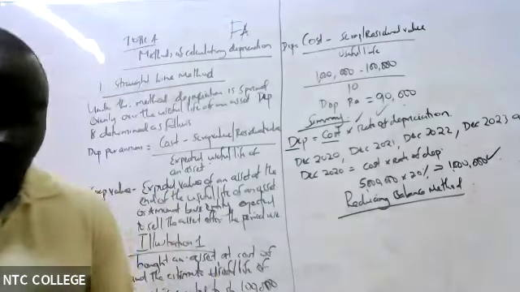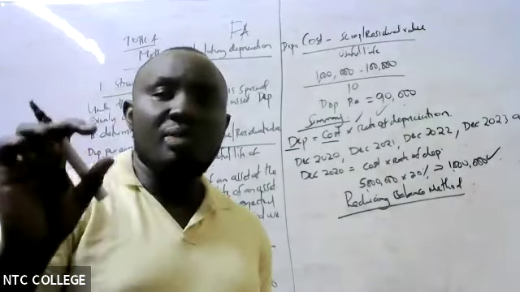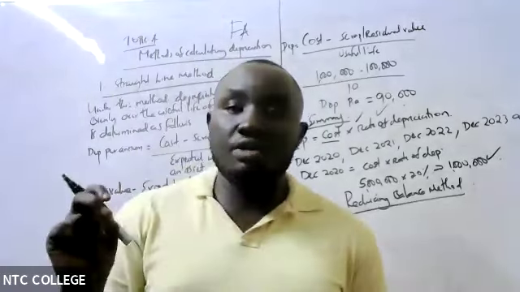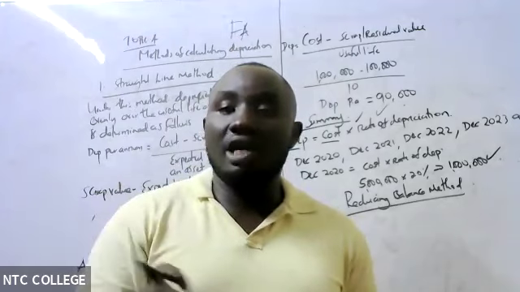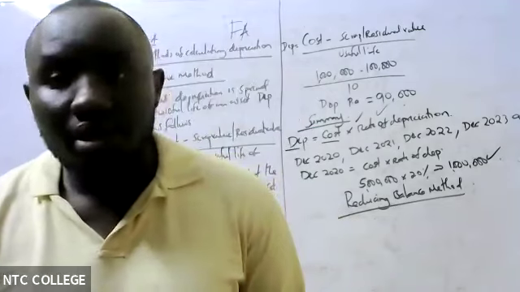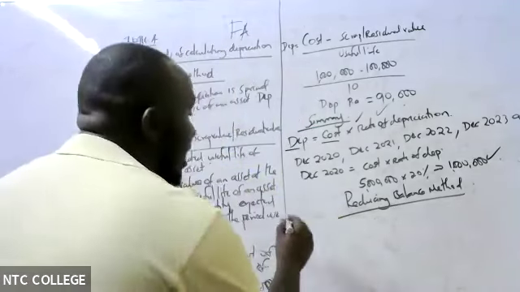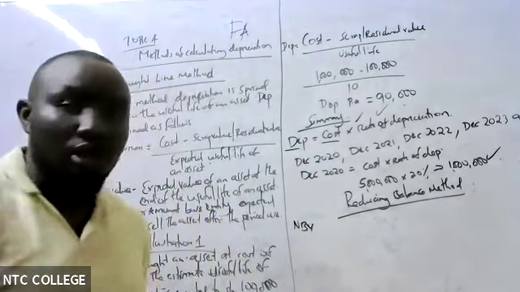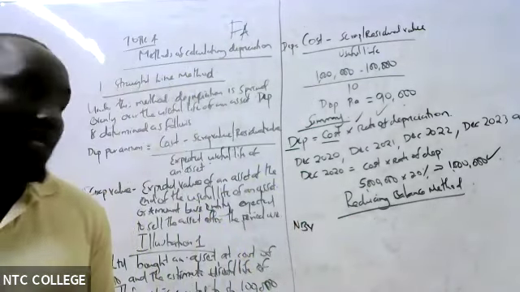What is the reducing balance method? Under the reducing balance method, you must remember that we calculate depreciation based on net book value. The question is, what is the net book value?